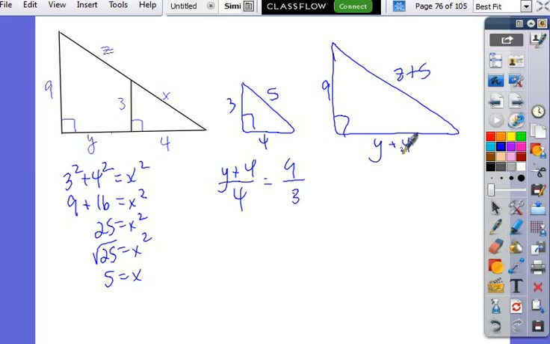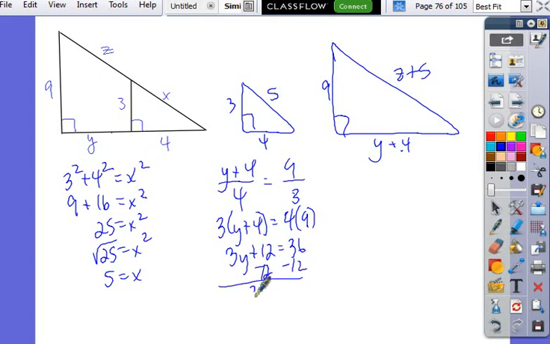Do my cross multiplying. 3y equals 24? And y equals 8? No, y equals 3.